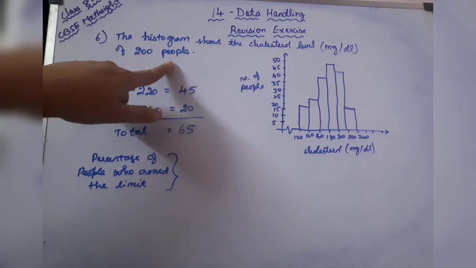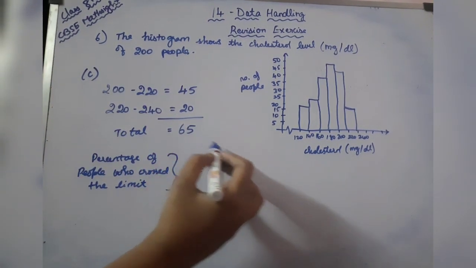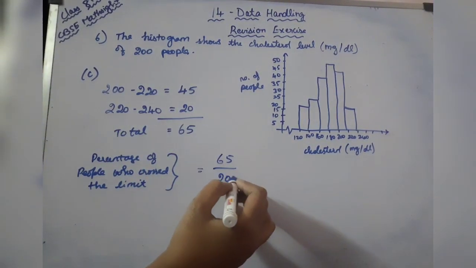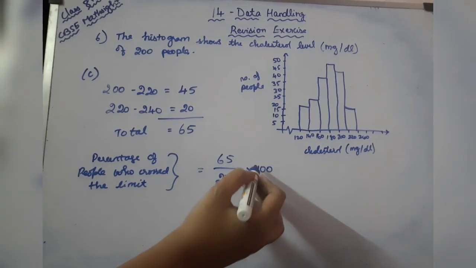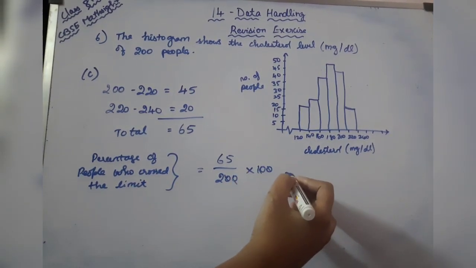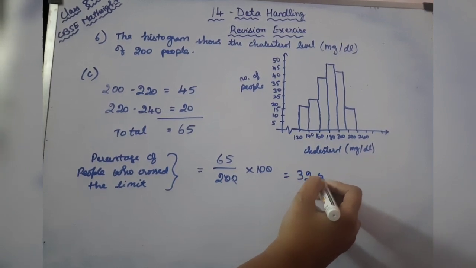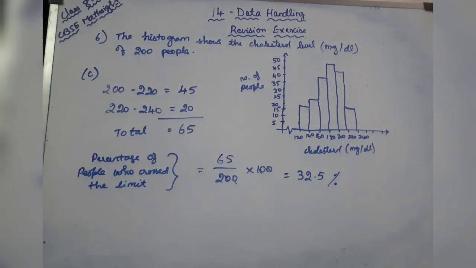Whenever we have to find a percentage, it is the value divided by the total value, into 100. We can cancel the values, so 65 by 2 will be 32.5 percent. So now we have found the percentage of people who have crossed the limit of the cholesterol level.